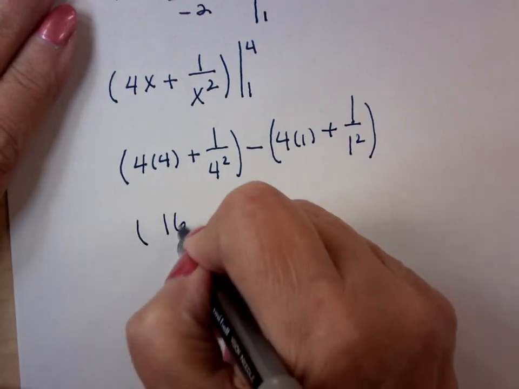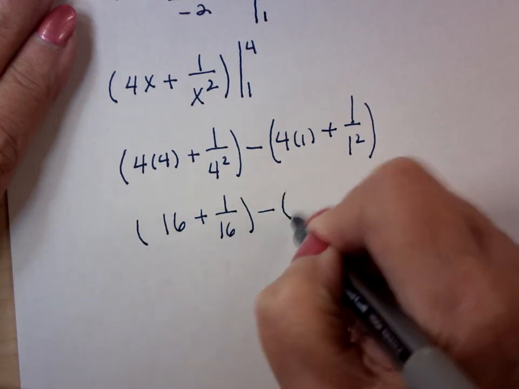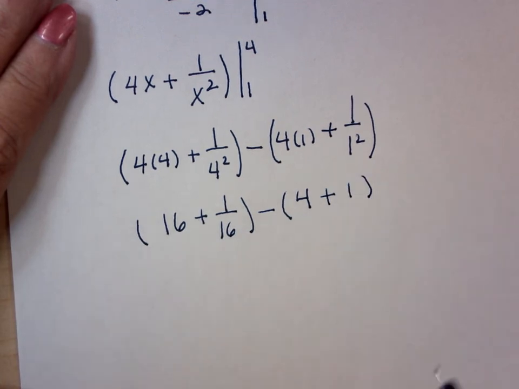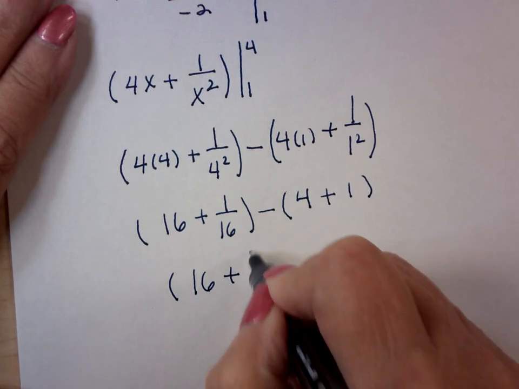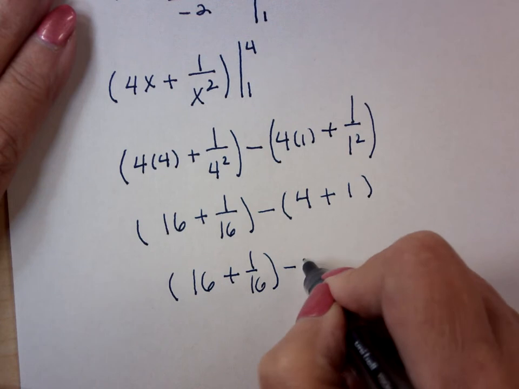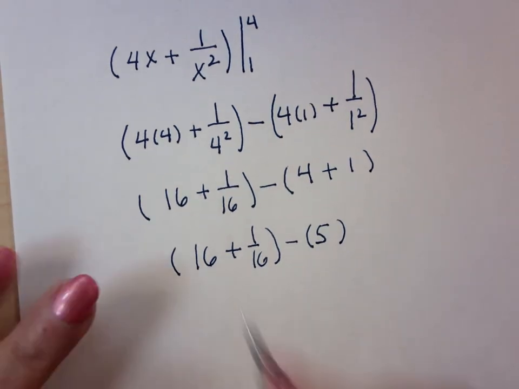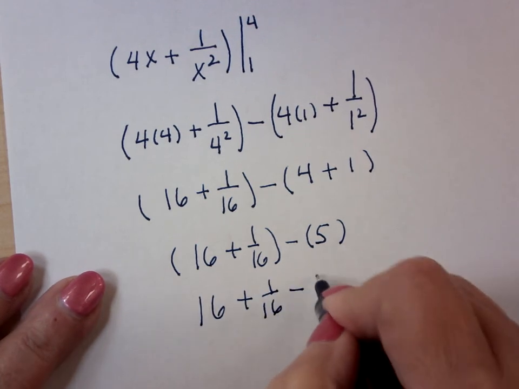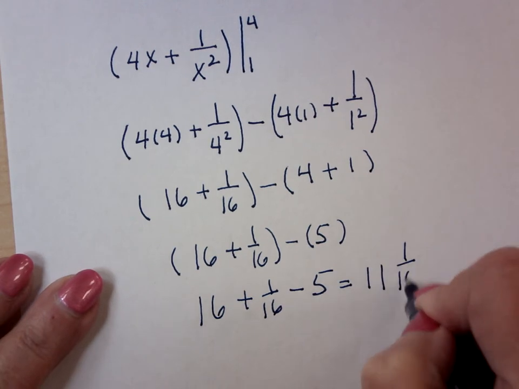Which is 16 plus 1 over 16, subtract 4 plus 1, which is 5, so 16 plus 1 over 16 minus 5, which is going to be 11 and 1 over 16.